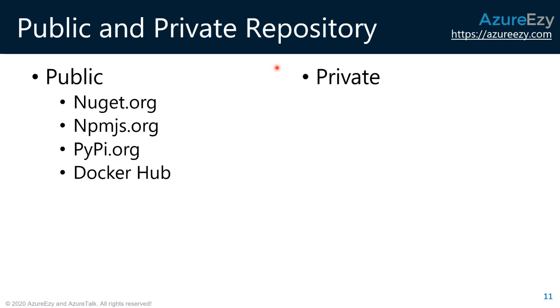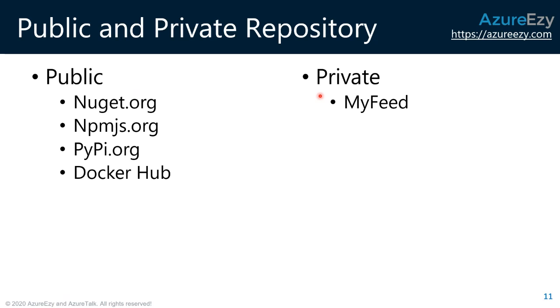Suppose you are developing a Docker image or a NuGet package that you cannot publish on a public website. Then this private option is going to help you host it on-prem, where you can control the access: who can look at it, who can use it, who can consume it, who can publish to it, and all those things.